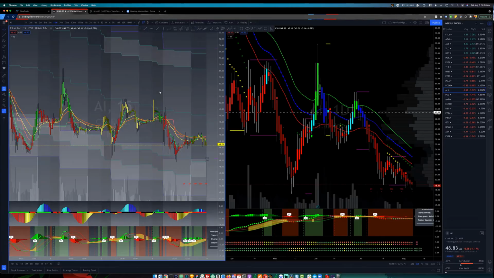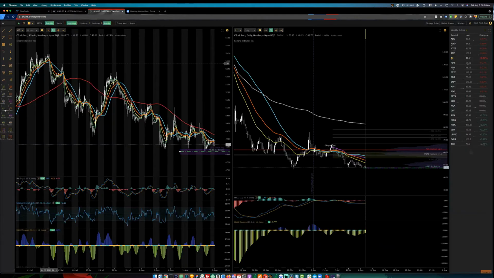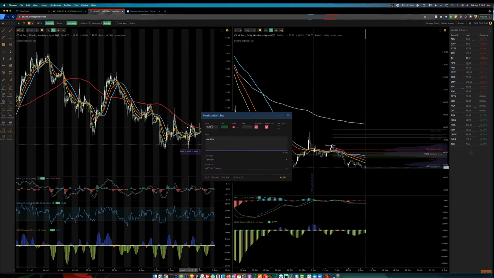We've got a little bit of overhead resistance at 48.96 and then 51. So 48.96 is the 4-hour mid, right?